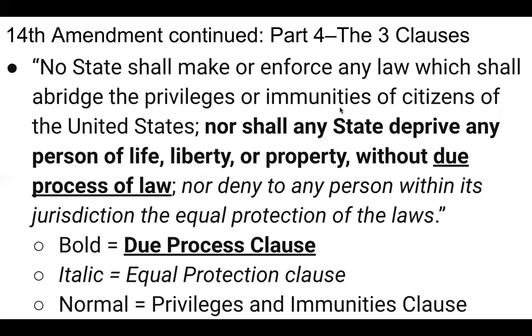The second piece, the Due Process Clause, is the most important clause of the three when it comes to the judicial system. There's going to be, I think, don't misquote me on this, I want to say 6 of our 15 Supreme Court cases all have to deal with the Due Process Clause. So it says that nor shall any state deprive any person of life, liberty, and property without due process of law.